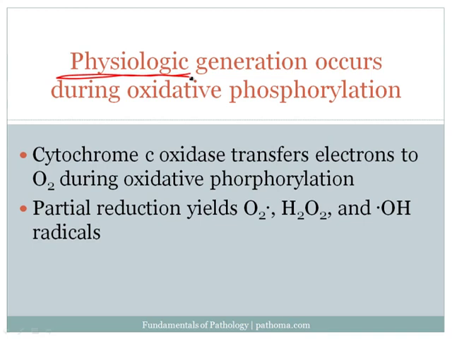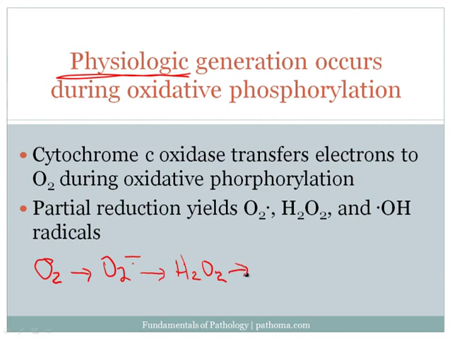And so, if during the sequence of accepting of electrons, oxygen is partially reduced and doesn't receive all 4 electrons, then free radicals can be generated. But in order to understand the free radicals that are generated, we do have to review a little bit of biochemistry. So let's take a moment to remind ourselves that if this is oxygen here, if oxygen accepts 1 electron, then it becomes something called superoxide. If it accepts 2 electrons, it then becomes hydrogen peroxide.